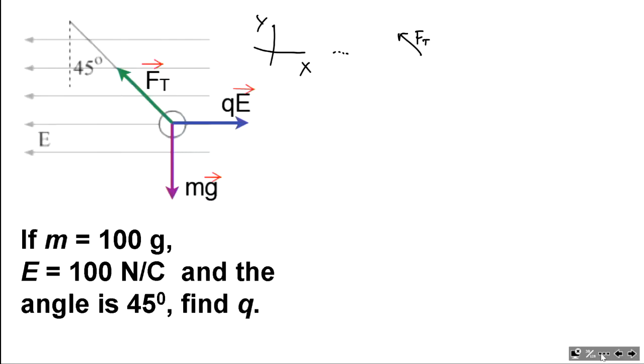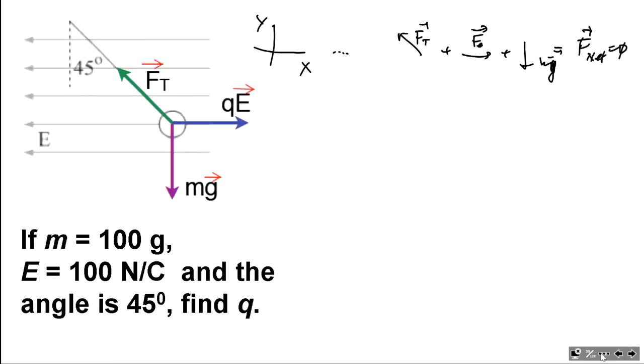Tension force plus electric force plus force of gravity together should give the net force, which in this situation equals 0 because the charged object is in equilibrium.